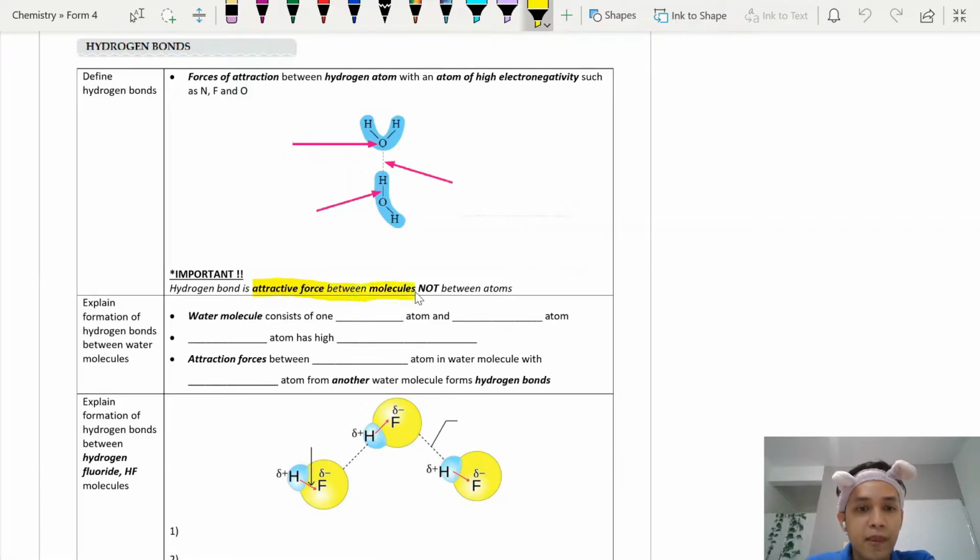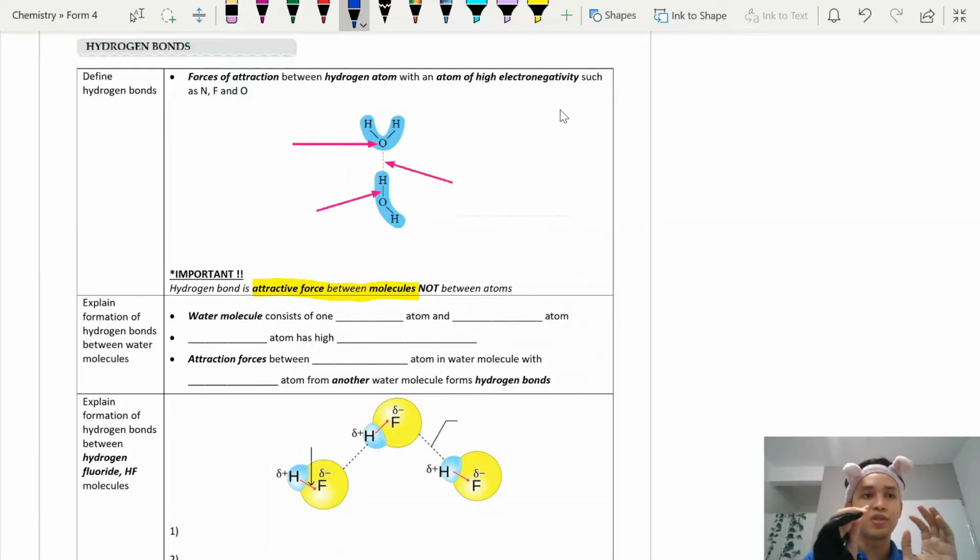You need to be careful of all the bondings that you learn in this chapter. You need to know which type of bonds are between atoms, and which type of bonds are between molecules. Normally the ones that are between molecules we call attractive forces. An example is your hydrogen bond, and another one will be your van der Waals forces.